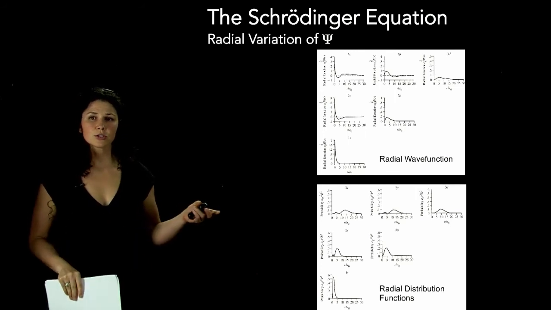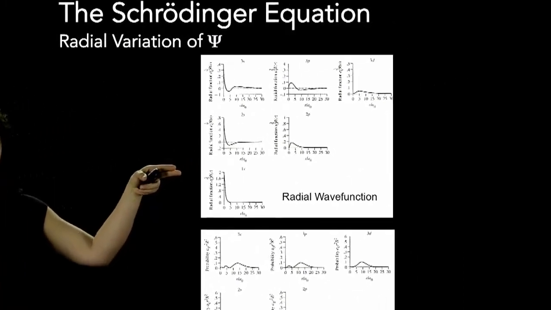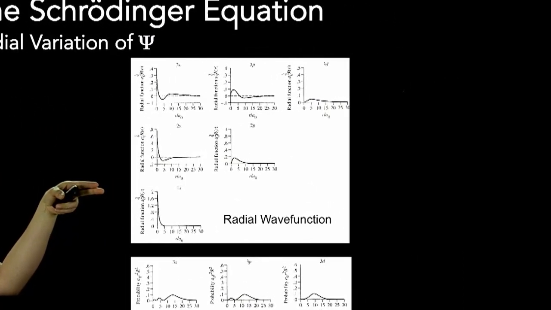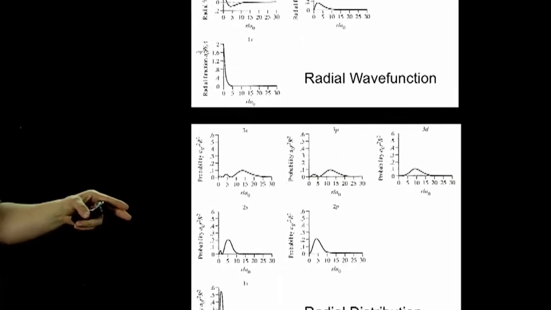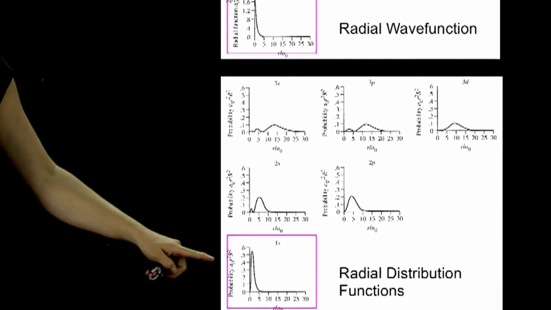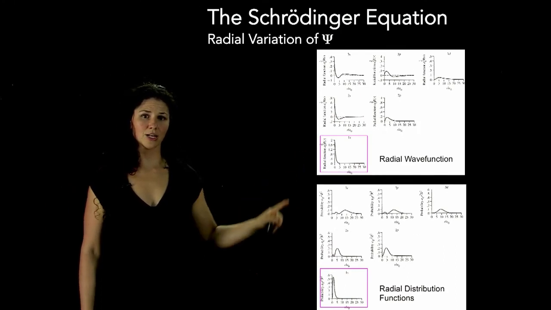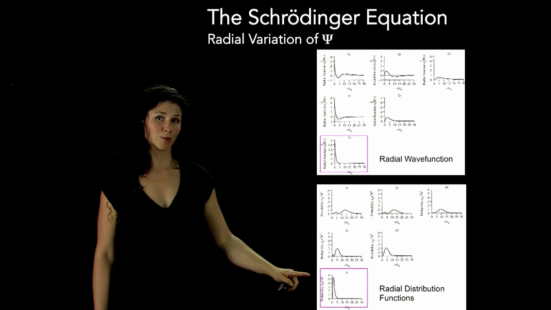So these are images from a different textbook, and again, here are your radial wave functions. So these are going to have some positive and negative values, and then here the values are squared. So this is for your 1s here for radial wave function, and 1s down here for your probability or your radial distribution.